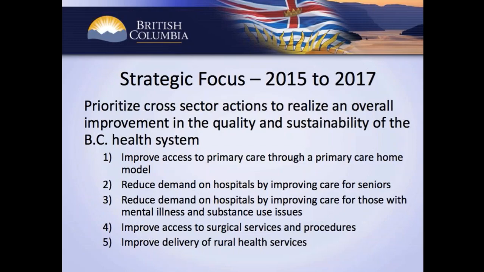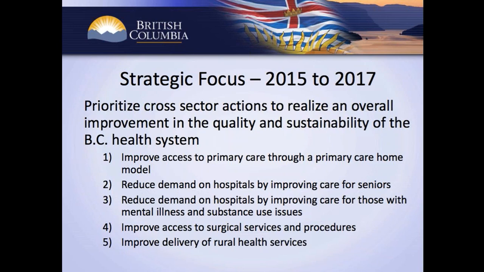Great, thanks so much, Troy. For those of you that have attended previous webinars, these strategic foci will look familiar. For those of you that are new to the webinar, the British Columbia Ministry of Health has prioritized across sectors the key things that they want to be working on over the next 2 years, 2015 through 2017.